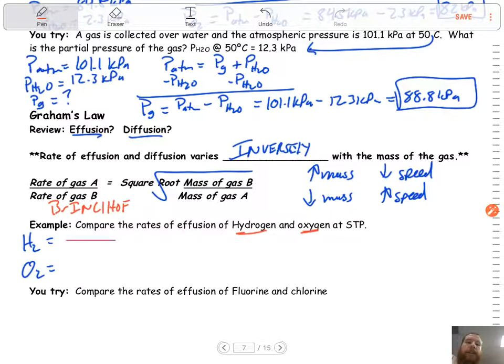Hydrogen, since it's H2, there are 2 atoms, so 2 times 1.008, you would have a mass of about 2. Oxygen is 16 times 2, so that's 32.